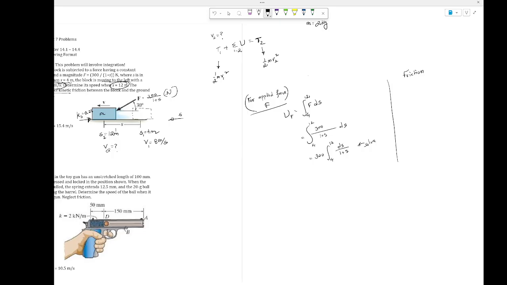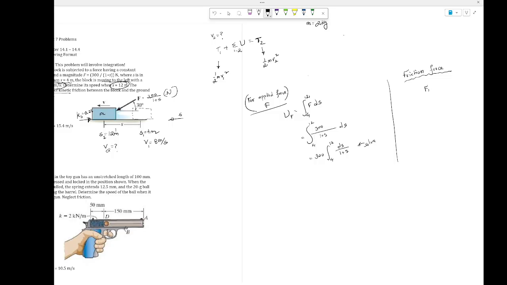So the friction force, first of all, you need to know what the friction force is.